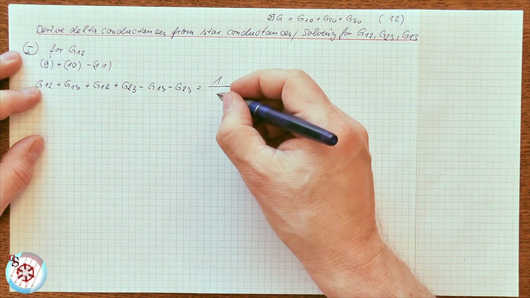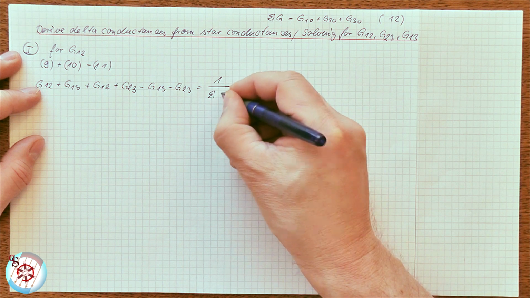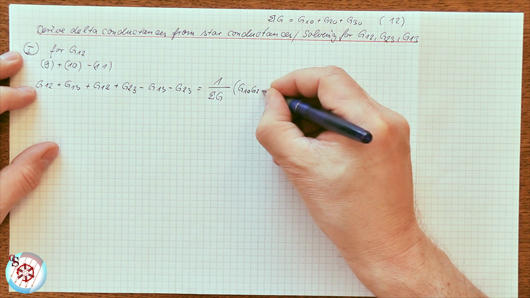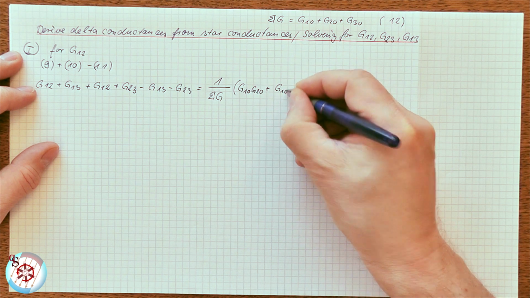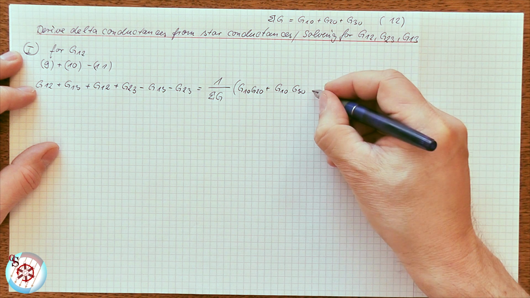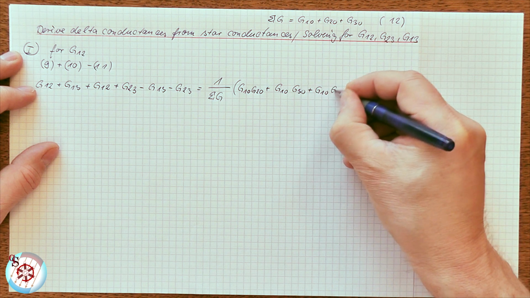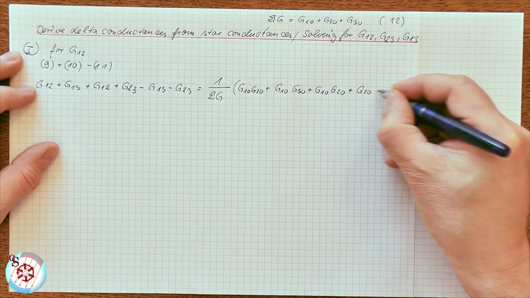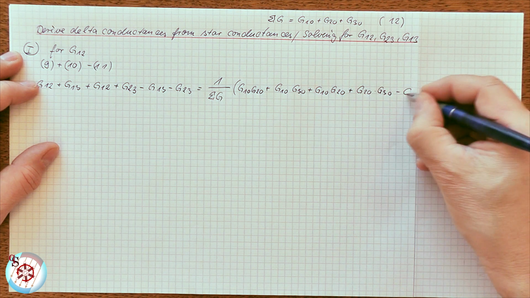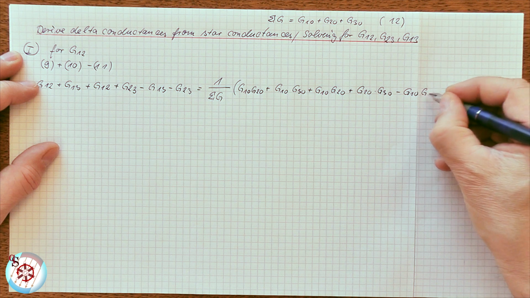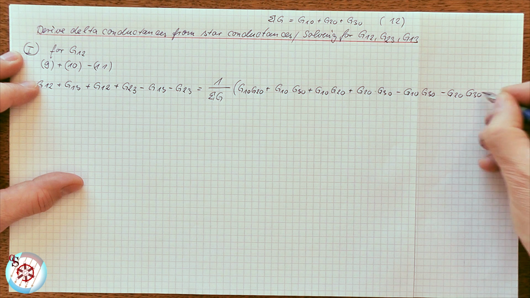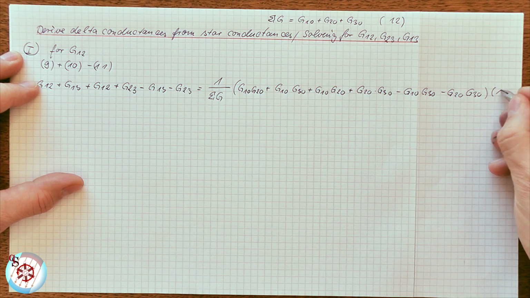That equals 1 divided by the sum of G. And let's open the parentheses. It's G10, G20 plus G10, G30 plus G10, G20 plus G20, G30 minus G10, G30 minus G20, G30.